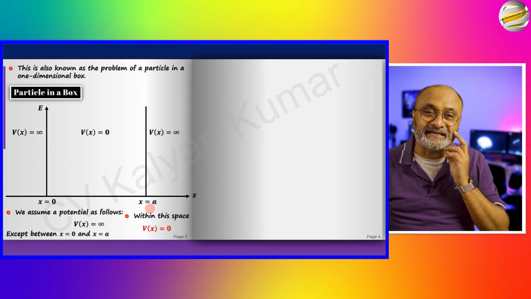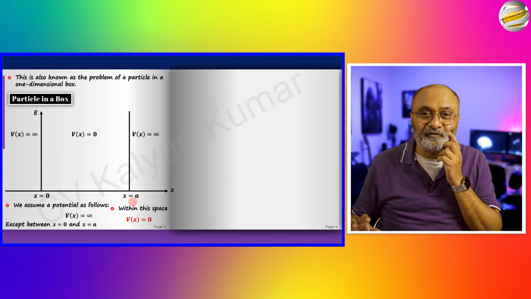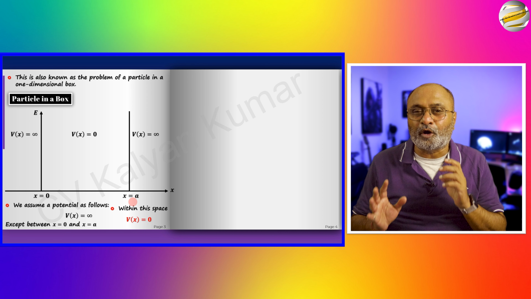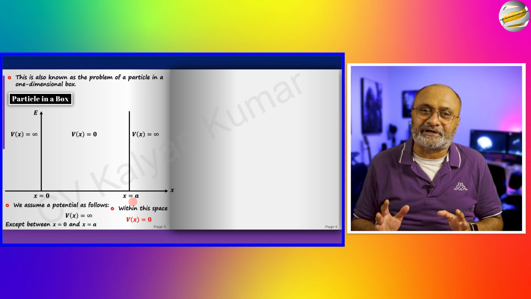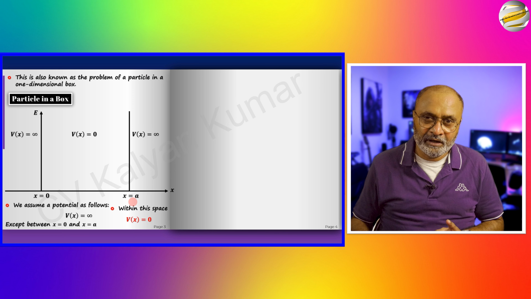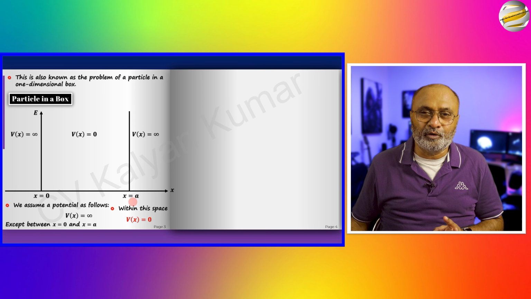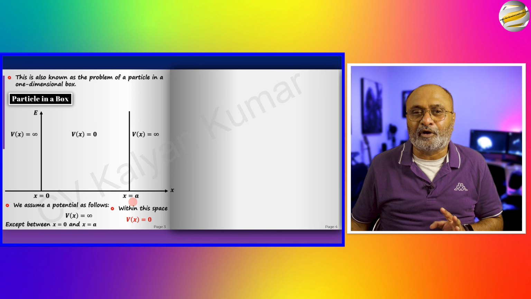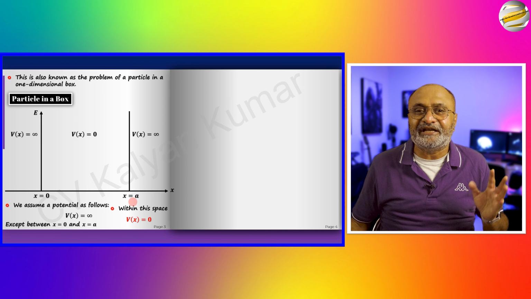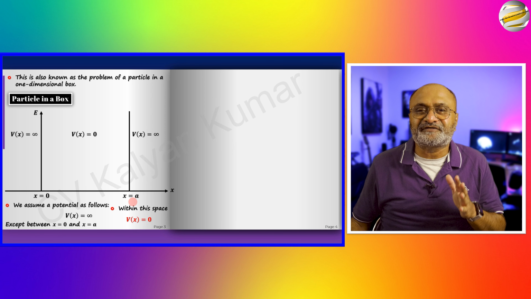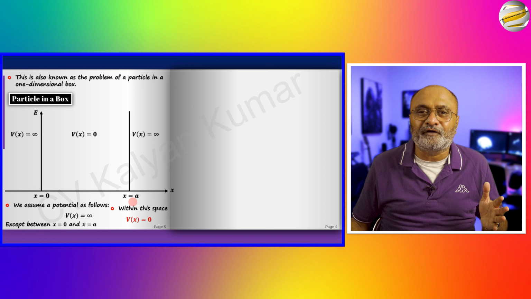Now this is understandable. We know from our experience that every object tends to move from high potential to low potential. So to ensure that the particle stays within the box, we make its potential energy infinity outside the box and lowest within the box, like a ball falling to the ground.